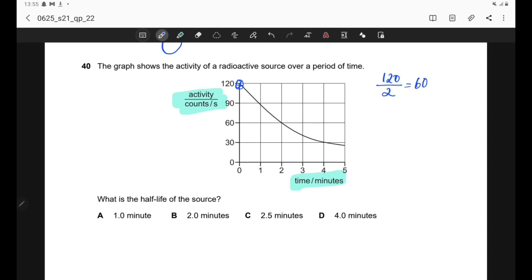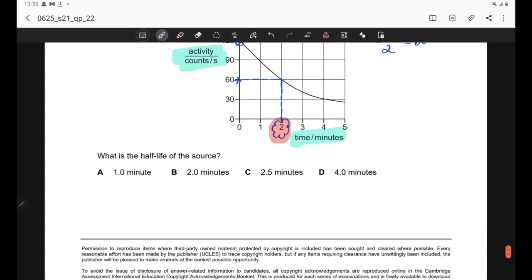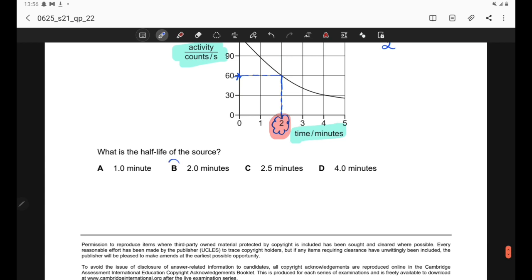So we should check when the activity is 60, and what the time is. We can see 2 minutes. That means the half-life of this sample is 2 minutes. Or we can understand this sample will take 2 minutes to reduce its mass to half. Therefore, the correct answer is option B.